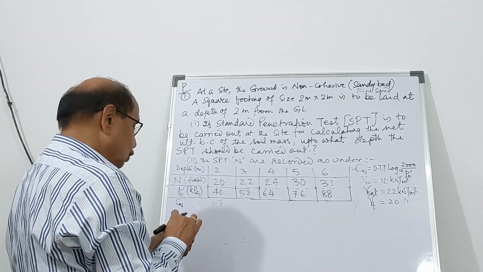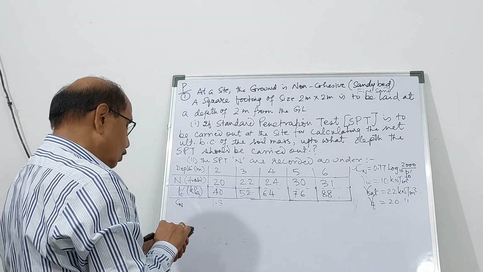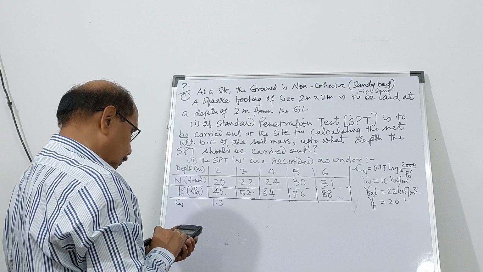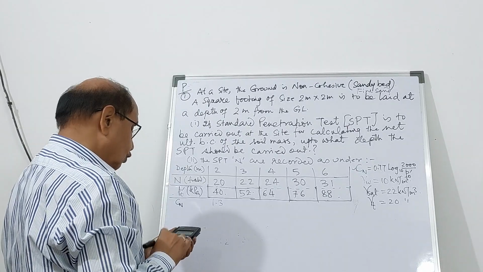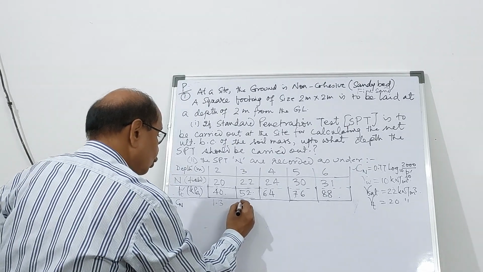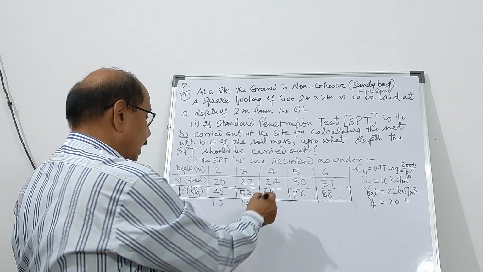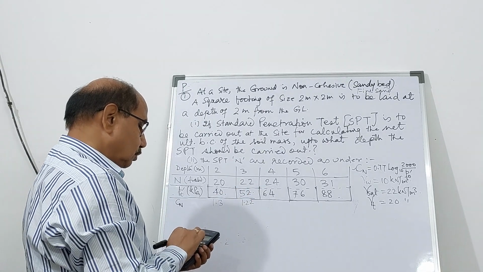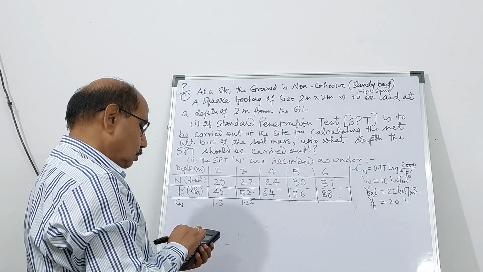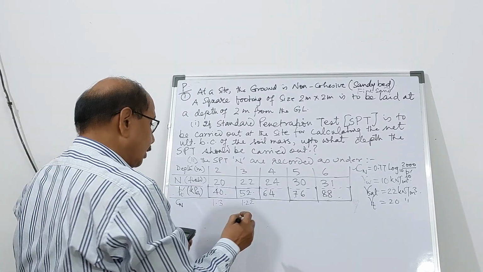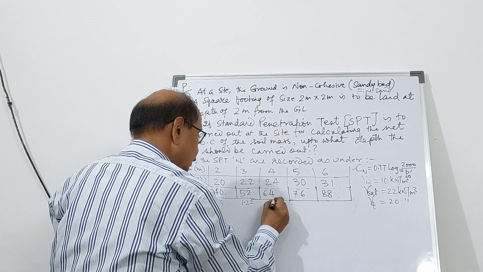And at 52 kilopascal, it is 1.22. Then at 64, it is 1.15.